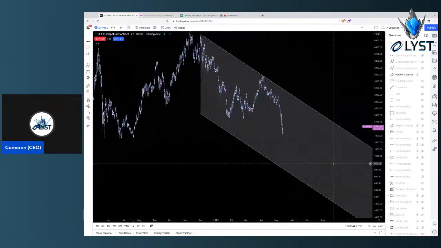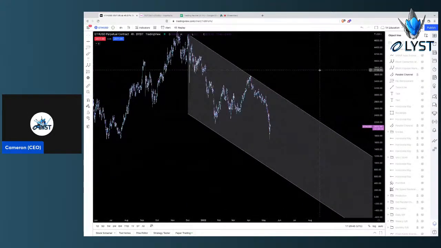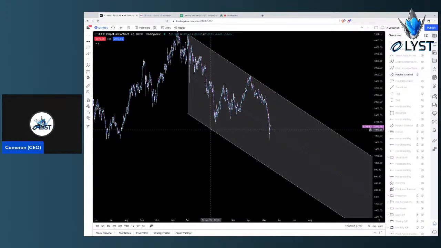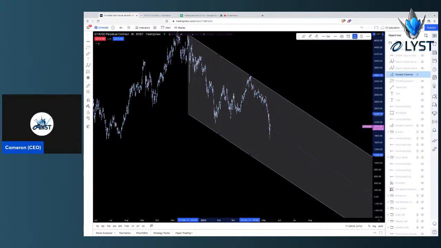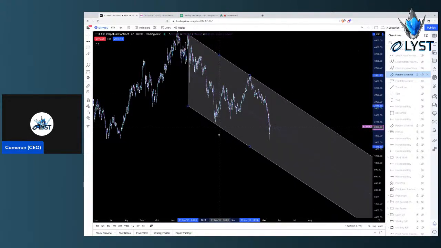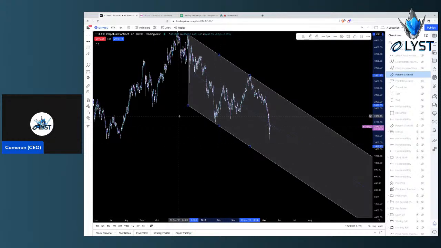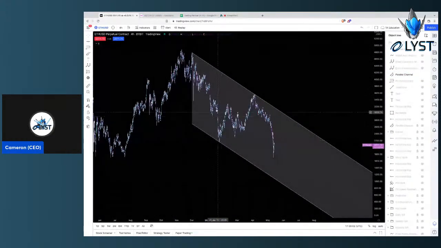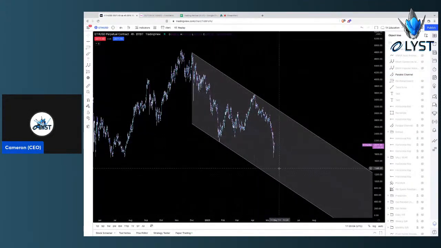So if you're looking at this on normal, like a normal scale, this is the channel, and you might want to adapt it a little bit. So you could like scoot this up, right? It doesn't do a whole lot. Like it actually looks pretty bleak, right? It looks like we could be going a lot lower.